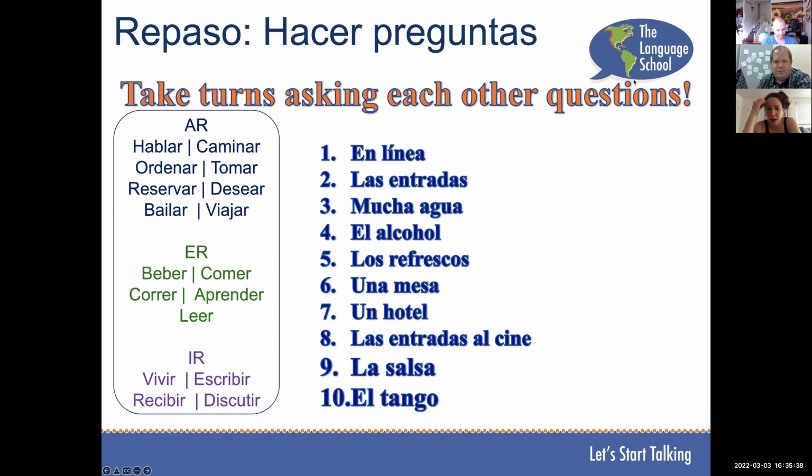Alcohol. The H is silent, so it's alcohol. Sí, bebo el alcohol un poco. Un poco.